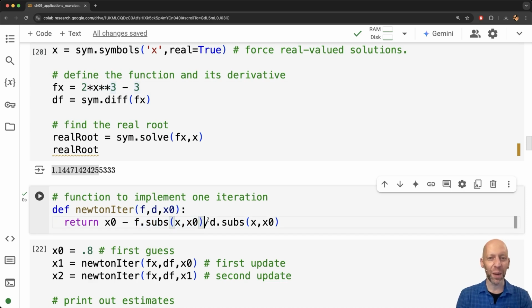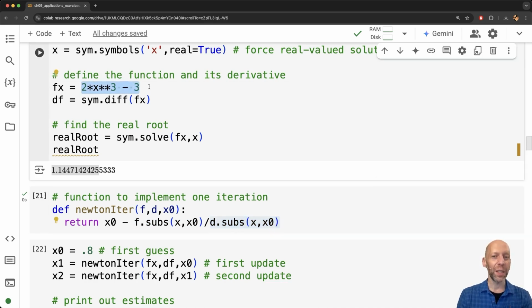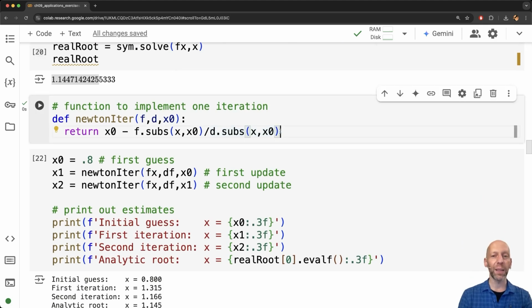Totally normal numerator. But check out what happens to the denominator. So the derivative of this expression is, let's see, so we have 2 times x cubed. So that term gives us 6x squared. And this is a constant. So the derivative here is 0. So basically we have 6x squared. And when we substitute in for 0, we get 0. So that means we are dividing by 0.